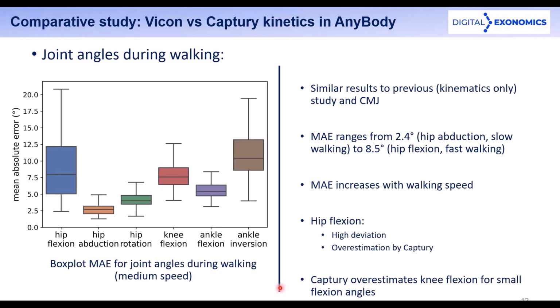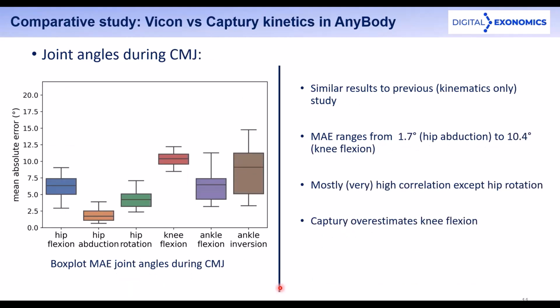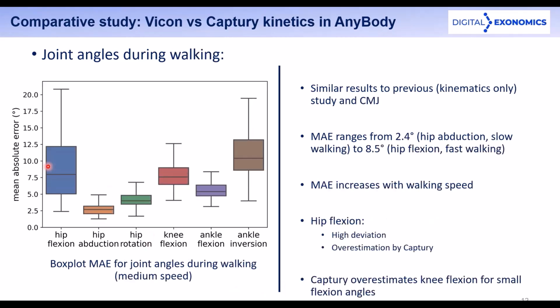So if we just compare the first box plot here between these two movements, so the counter movement jump, you see hip flexion ranges to about 10 degrees maybe. And now with walking, we see that suddenly we have a very high deviation in hip flexion. And this is due to Captury overestimating hip flexion during walking movements.